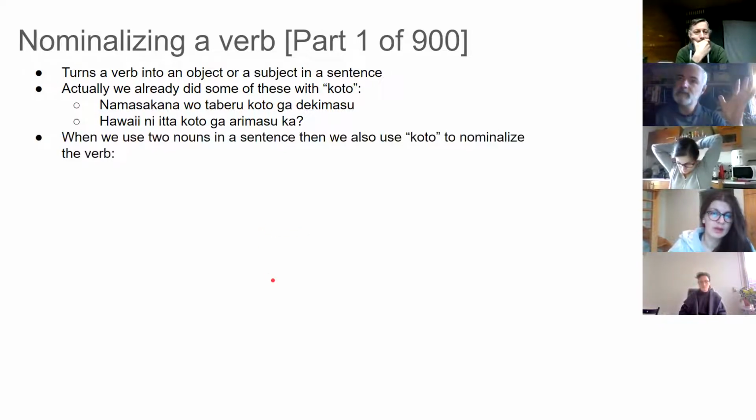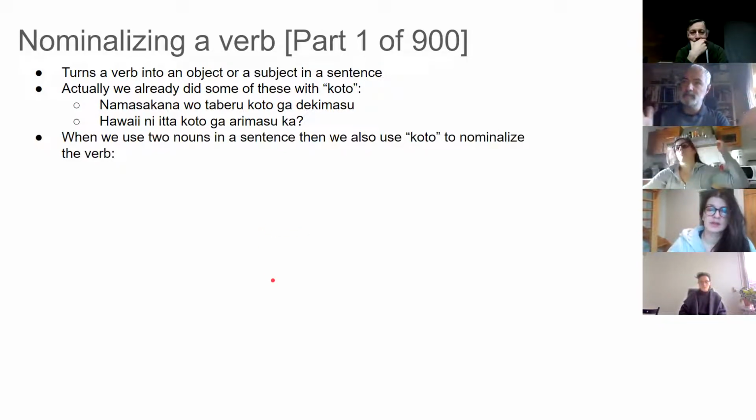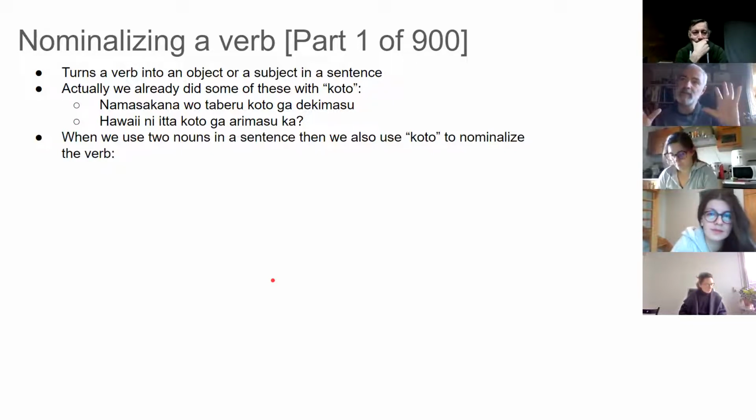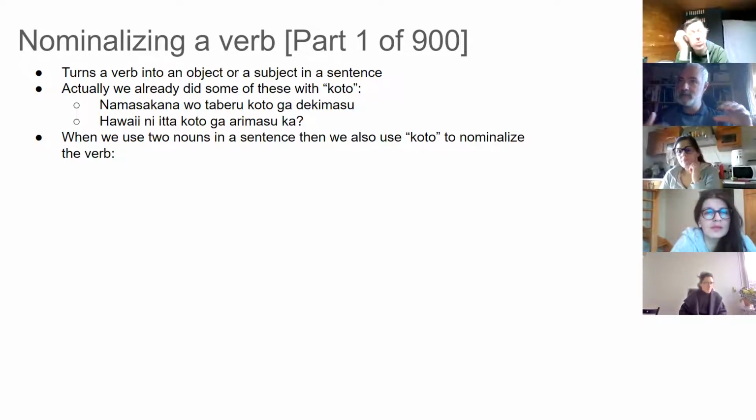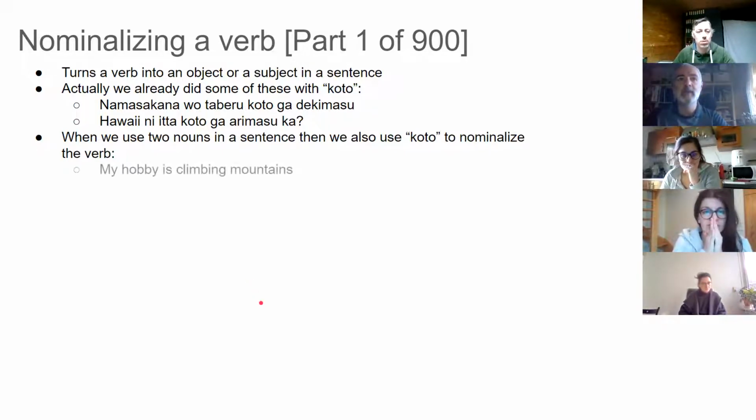Now, in a similar way, but slightly differently, if we want to say that the doing of something is another noun, like eating raw fish is my hobby, or going to Hawaii is my target in life, then we do something similar, just using koto to nominalize the verb.